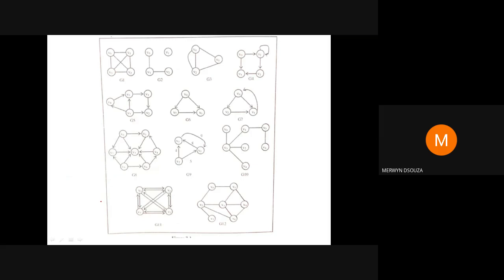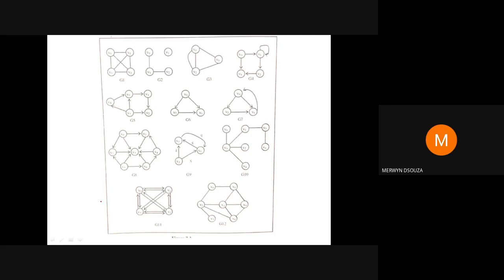Next definition is pendant vertex. A pendant vertex is a vertex in a digraph whose in degree is equal to 1 and out degree is equal to 0. If you find any such vertex, then you will call it a pendant vertex. Next definition is isolated vertex.